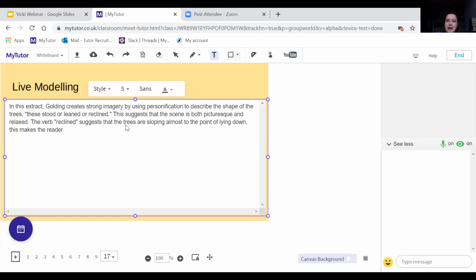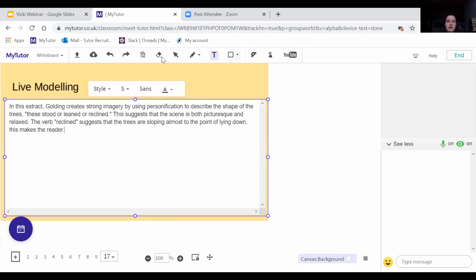Calm, laziness. So picturesque means sort of beautiful, sort of basically look like you're looking at a beautiful watercolour, a beautiful painting of scenery.